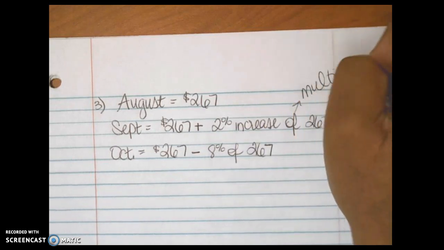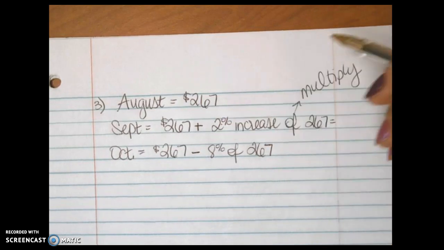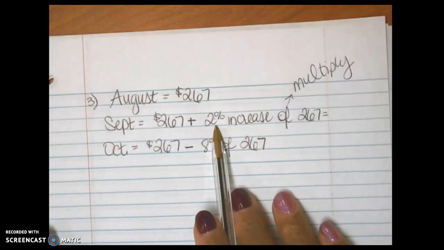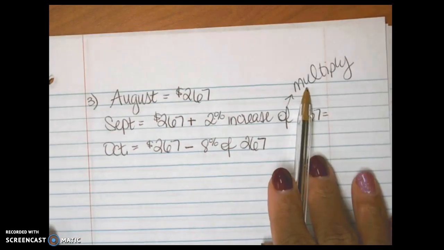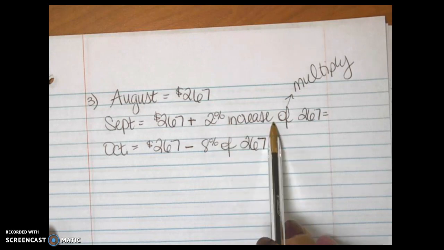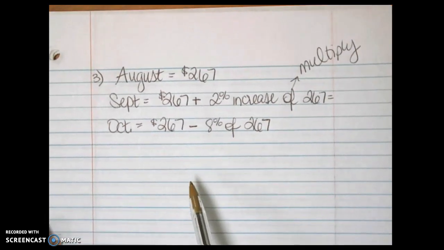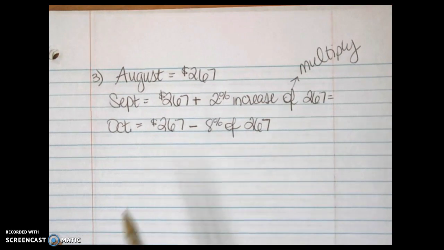That's why whenever you see a percent, and I tell you to convert your percent to a decimal, that's what we have to do. Convert your percent to a decimal and then multiply. Whenever you see a percent, convert, then multiply. Percent of, percent of. Most of the time when you read word problems on homework, on tests, and especially on the STAR test, it will say percent of.